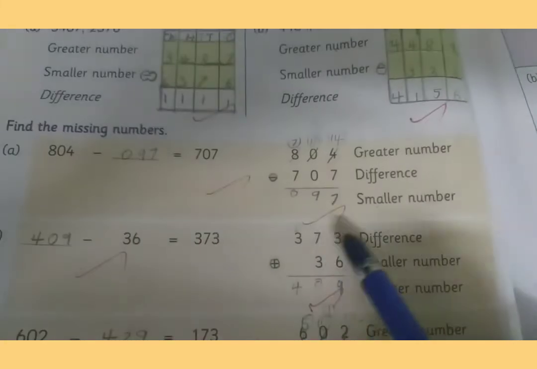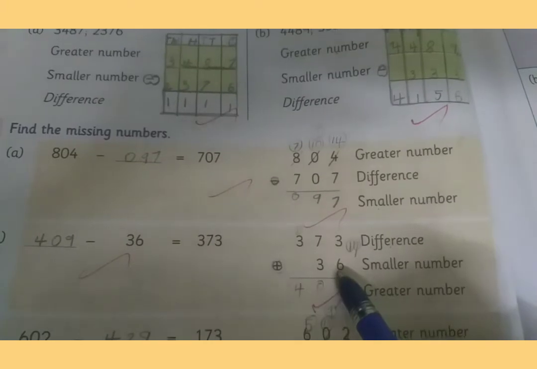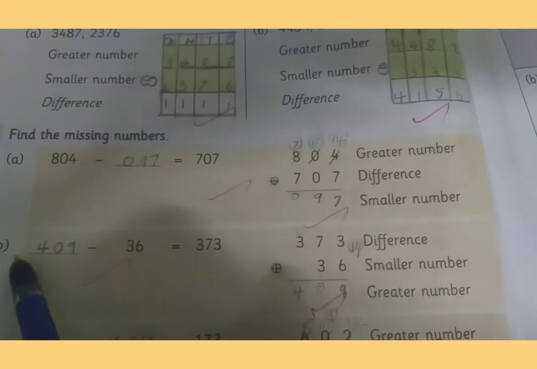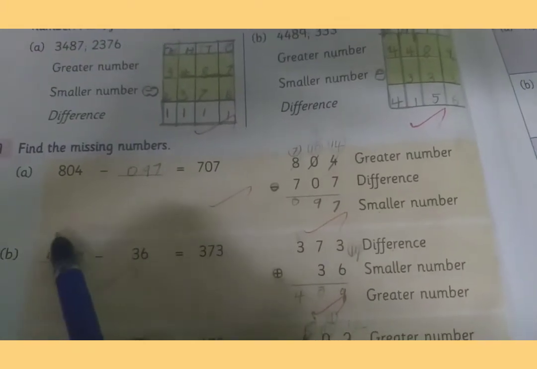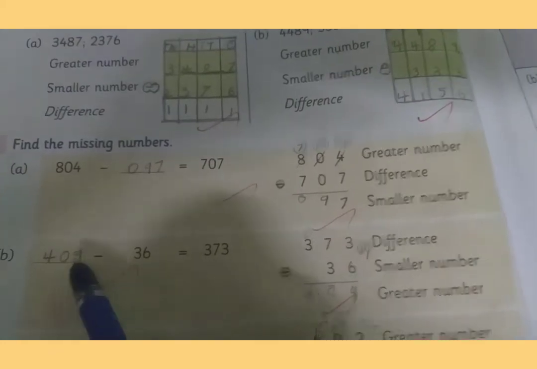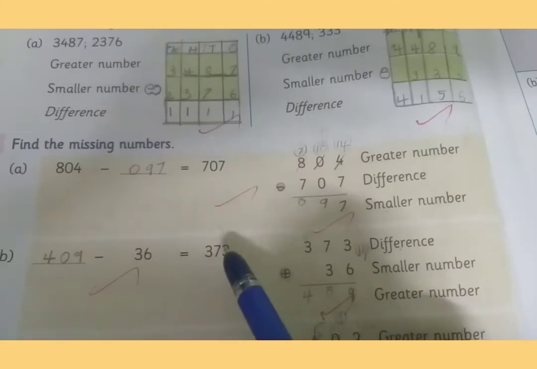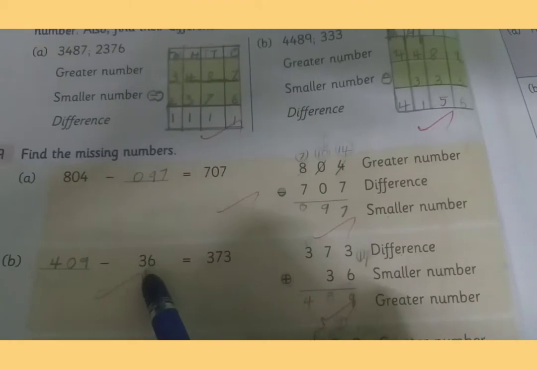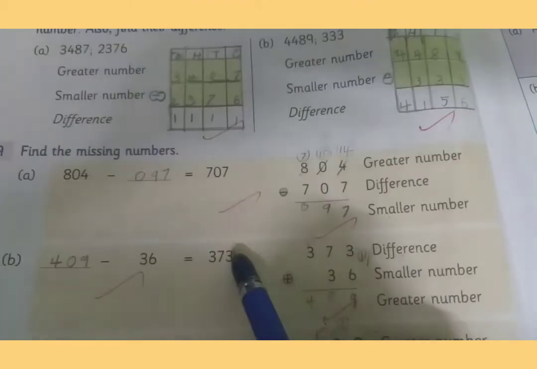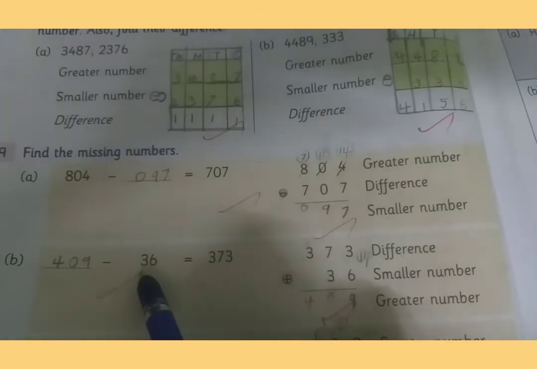Here you should use plus, because we should find out the greatest number. We should find out the greatest number, means you should add the difference and also the smallest number.